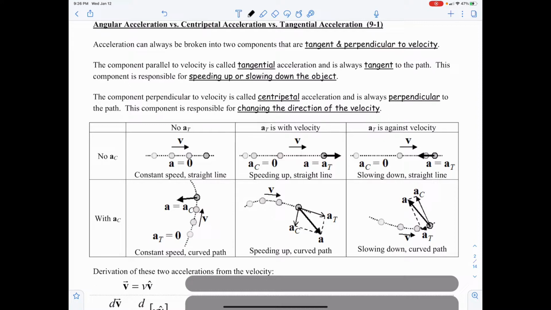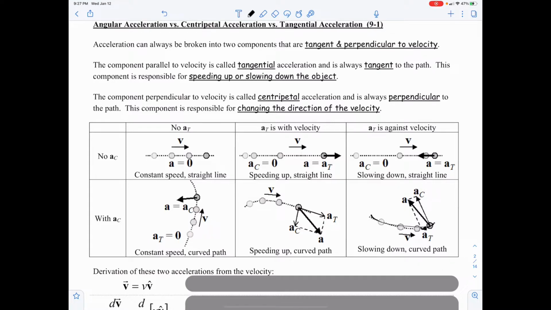Well, in this last column, we have tangential acceleration going against the object's motion with no centripetal acceleration. So no centripetal acceleration, we're going in a straight line, we're not curving. But if we're going against the velocity, then that means we are slowing down. Whereas in this situation here, we have tangential acceleration against the velocity and curvature due to centripetal acceleration.